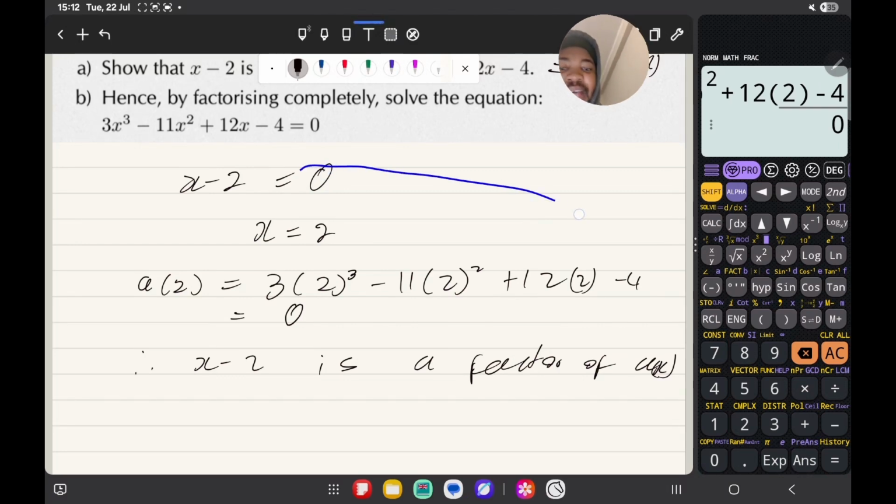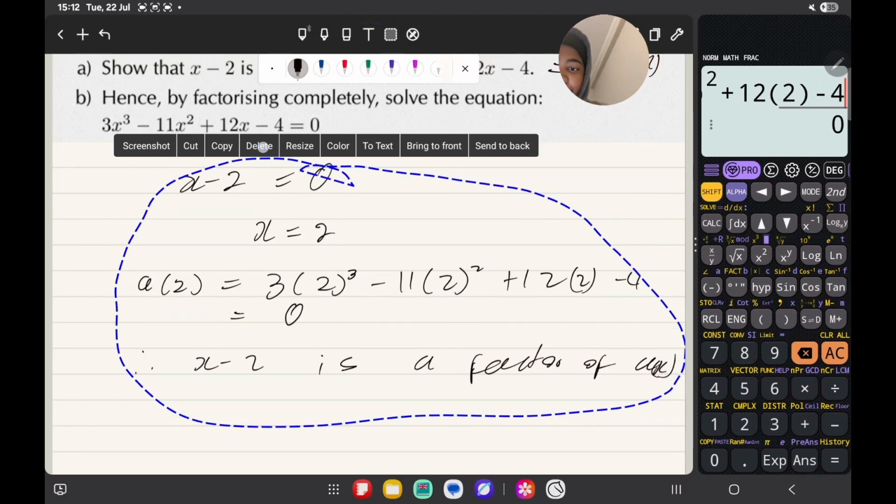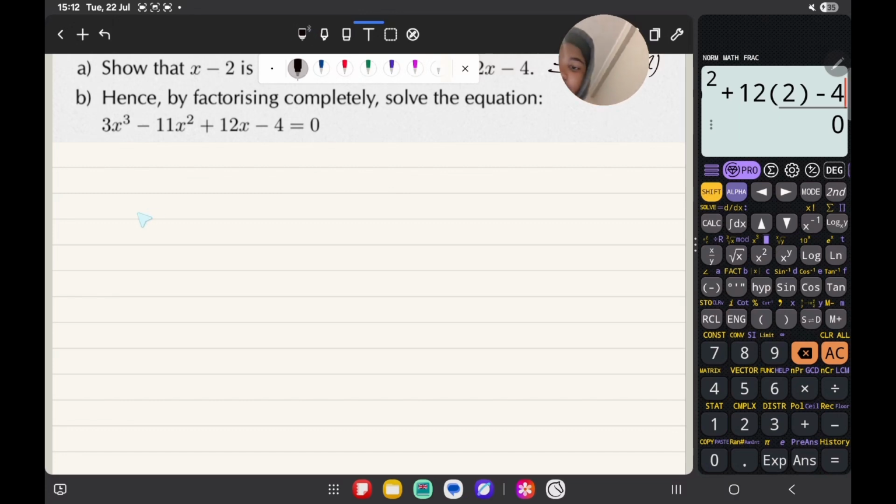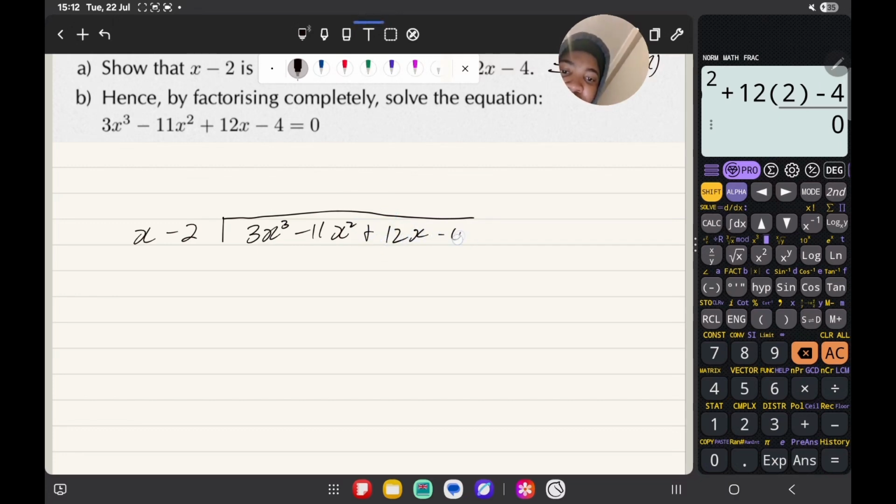And if it is our factor, we know from the previous video we can use x minus 2 in our long division to solve for x, or to factorize, which then helps us to solve for x. So yeah, we have this, and now you divide, you get 3x squared, multiply 3x cubed, then you have minus 6x squared.